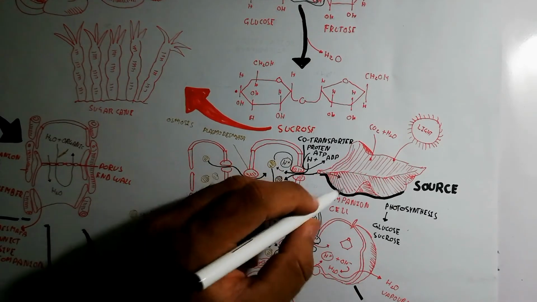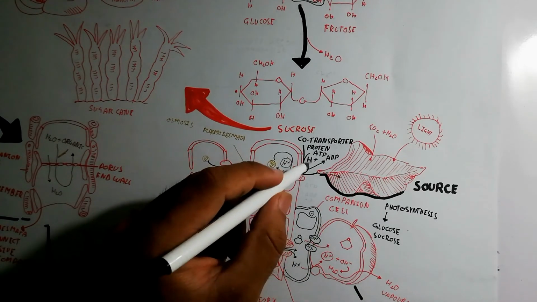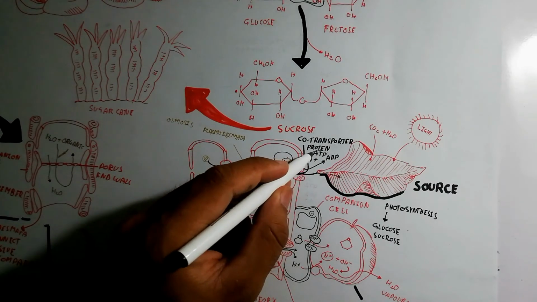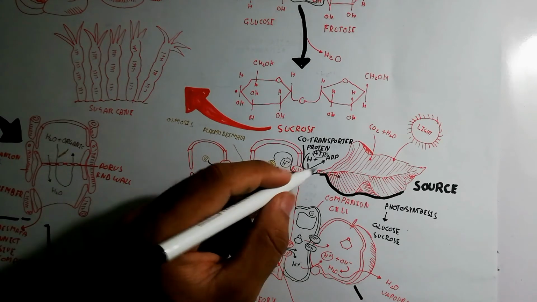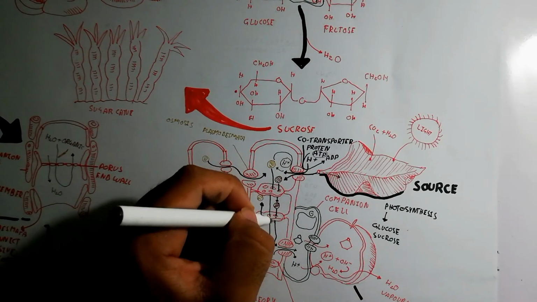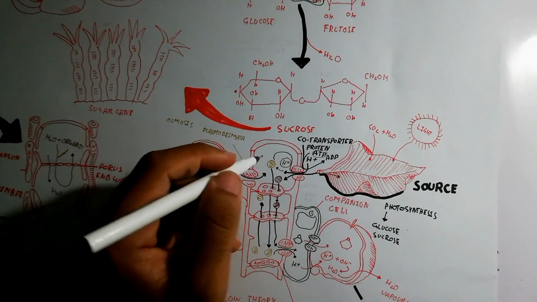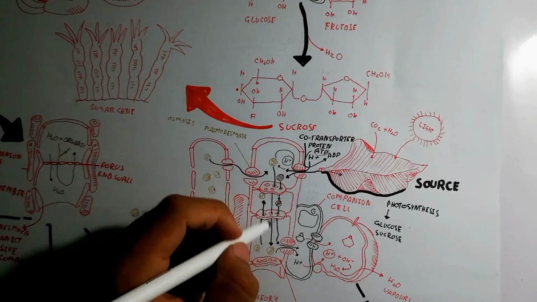I will repeat again. Here ATP is used and the sugar will enter by active transport with one hydrogen ion inside and move from here to here, into the companion cell.